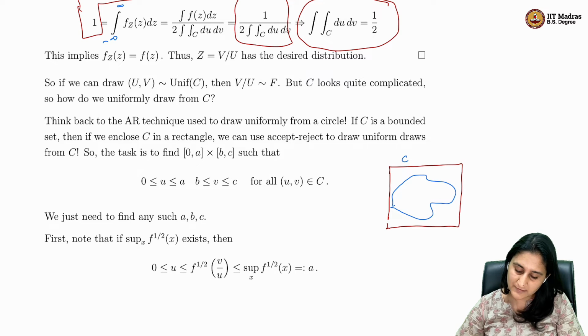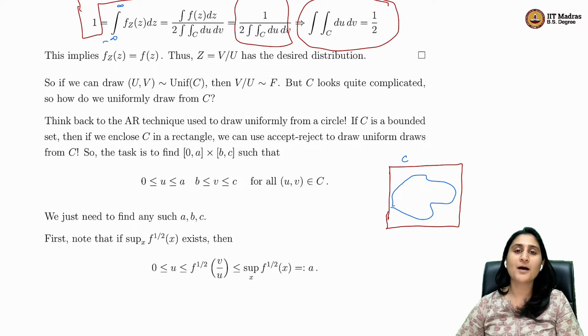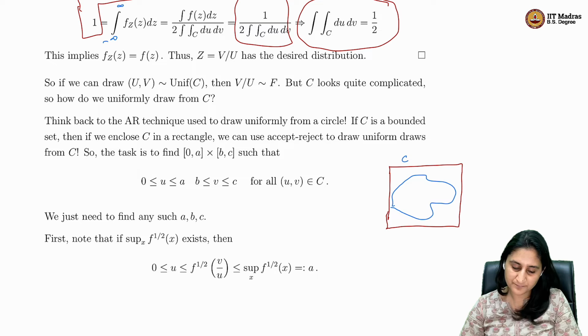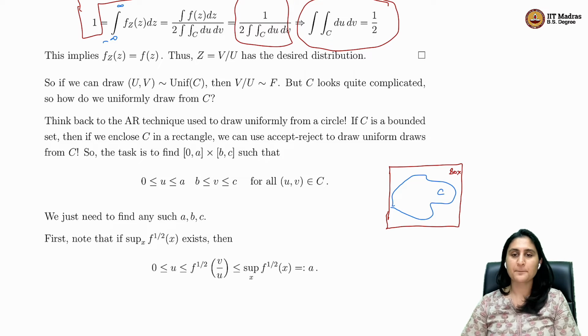It doesn't even need to be the tightest box. I just need to enclose this set C within some box. So this is my box, and this is my set C.